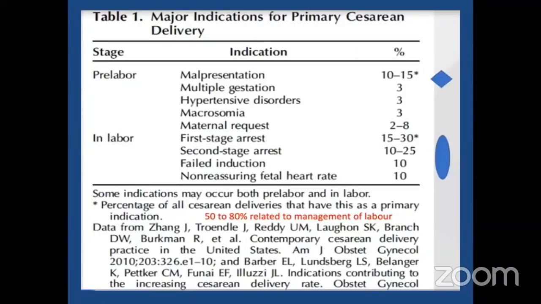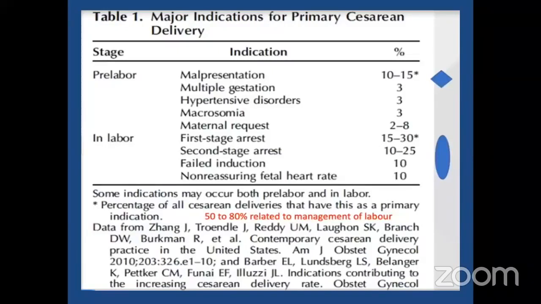Now, if you add it all up, 80% of this shows that in labor, any of these four combined together are contributing maximum to the cesarean section rate. So what are these four? First stage arrest, second stage arrest, failed induction, and non-reassuring fetal heart.